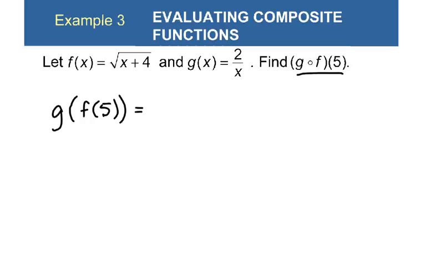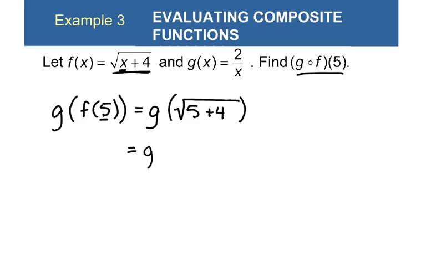I'm going to take my f of x function, replace x with 5, because that's what it tells us to do, but keep my g function on the outside. So square root of 5 plus 4.